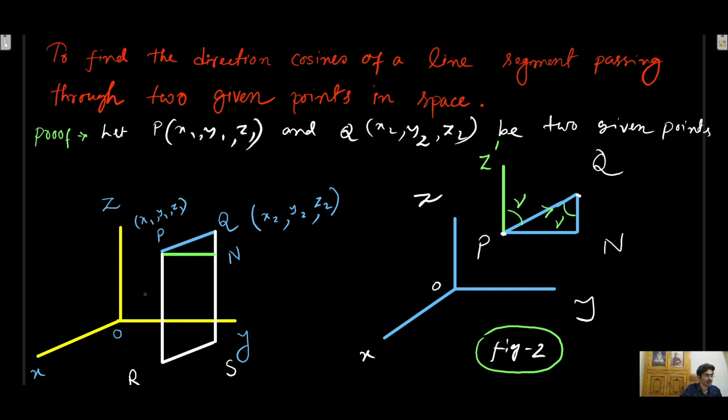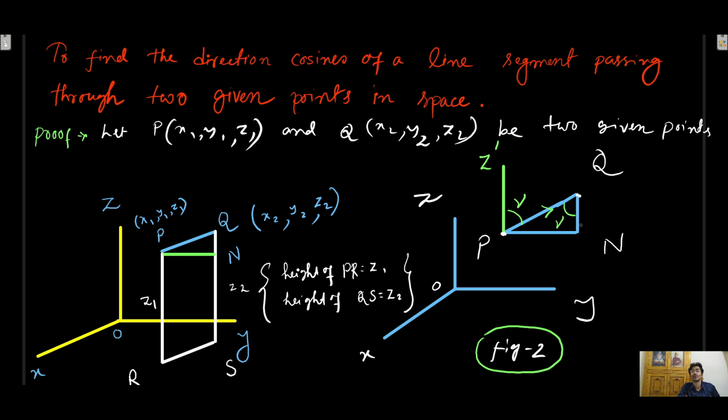So from figure 1 we can say that the height of PR is z1 and the height of QS is z2. So that we will use. That is, the measurement of QN is z2 minus z1. Very simple.